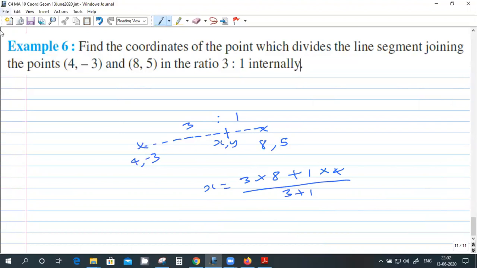The way to remember it is: whatever is the ratio here will multiply this one, and whatever is the ratio here will multiply this one. It will cross. Similarly, y.